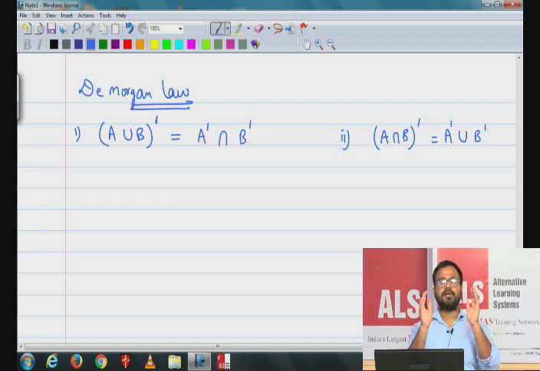This is just like when we take the complement of union, that union will be converted to intersection. So try to prove it the same way as we have done the previous one. If you have done it, just let me know, and if you are not getting it, also let me know, then we will prove. Just first try on your own.